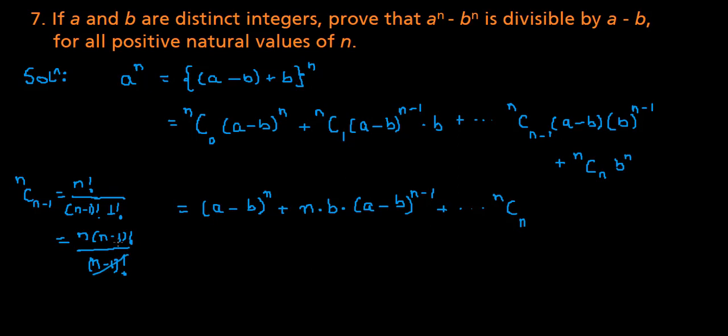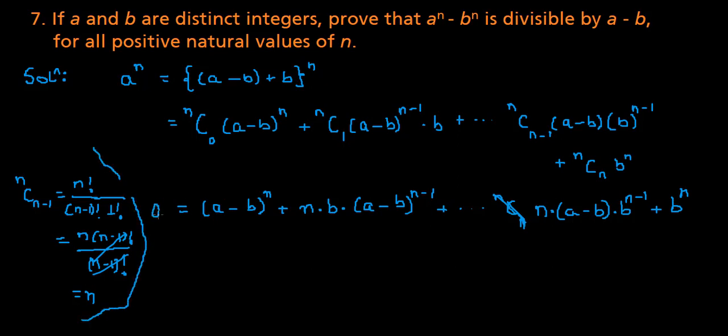So they cancel out, leaving us with n. So instead of writing ncn here, I'm going to write it as n times a minus b times b raised to the power of n minus 1 plus ncn is 1. So we have b raised to the power of n. This is a raised to the power of n.